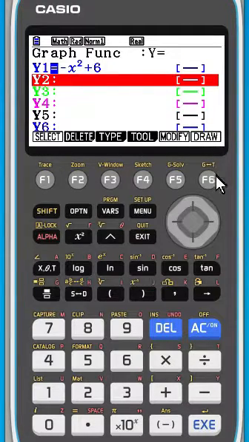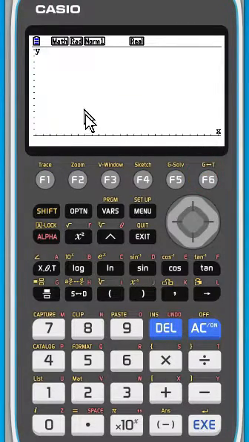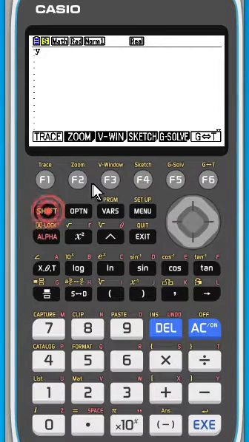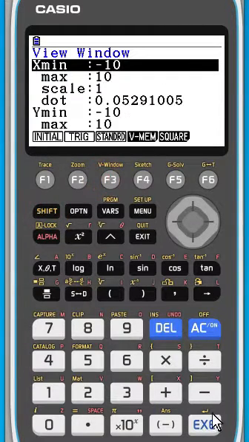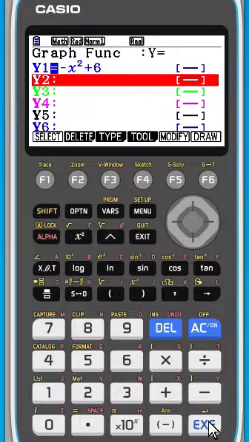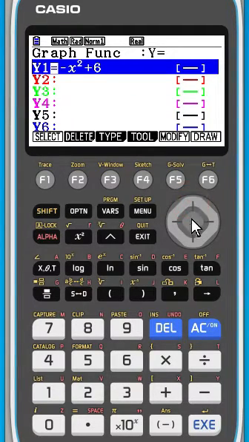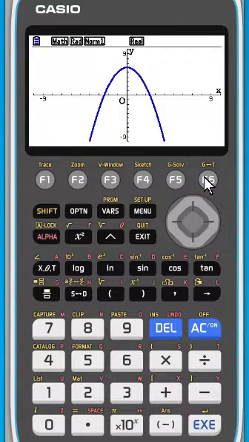So hit F6 to plot the graph. All right, so once you have put in your function, hit F6 and the graph will be plotted.